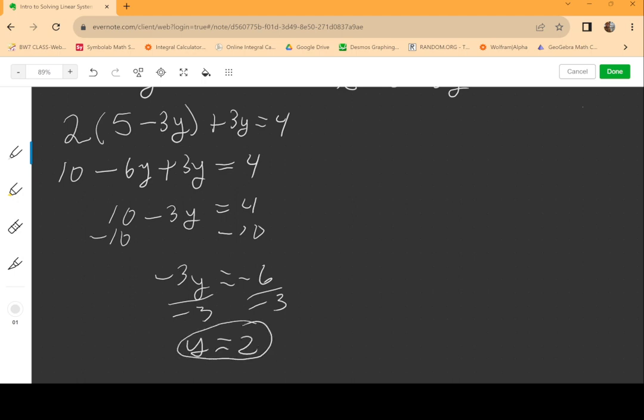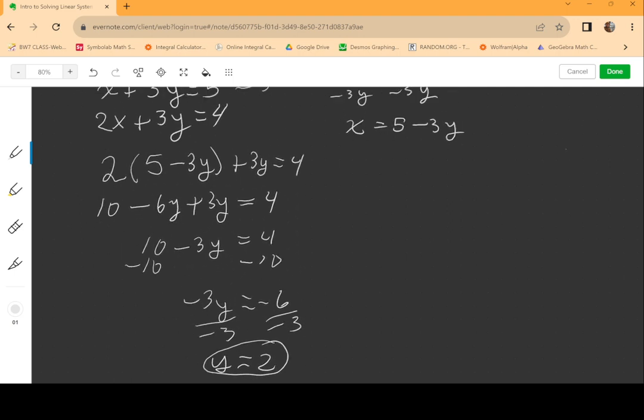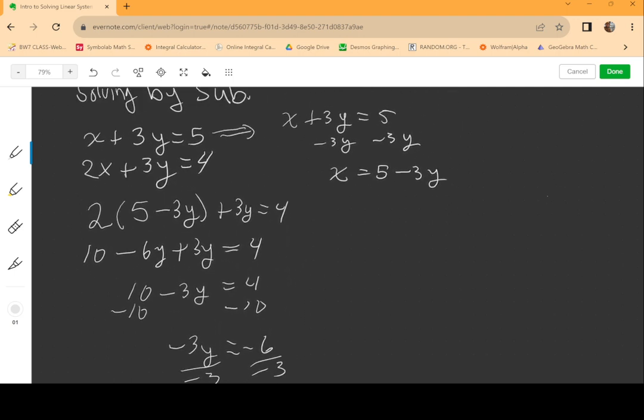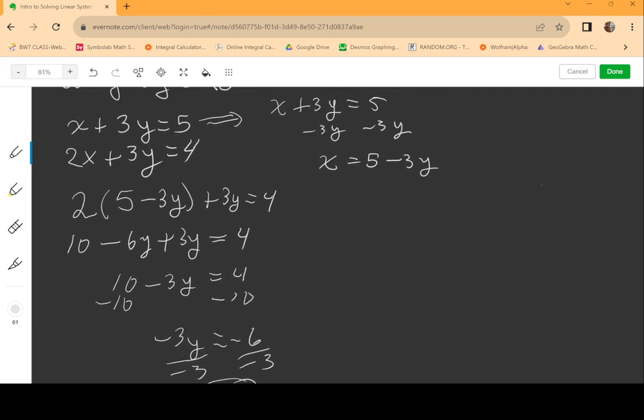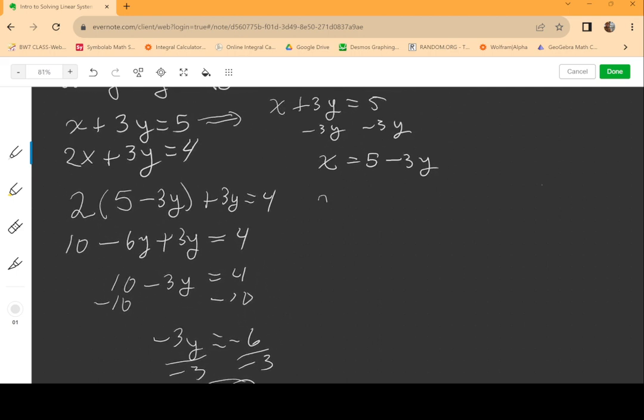Now, I'm not done. I have a system of equations, so the solution to the system is an ordered pair. I don't have an ordered pair, I just have the y coordinate. So I still need to solve for the x coordinate, but with the work that I did earlier in substituting, that should be pretty straightforward. If y is 2, I'll take the one where I substituted and plug in 2 for y.